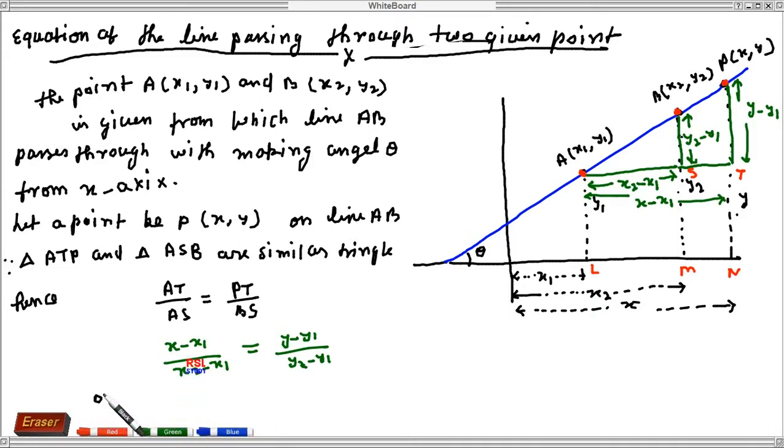Just rearranging, we can also write y2 minus y1 by x2 minus x1, and this can be written as y minus y1, and this will come as a denominator.